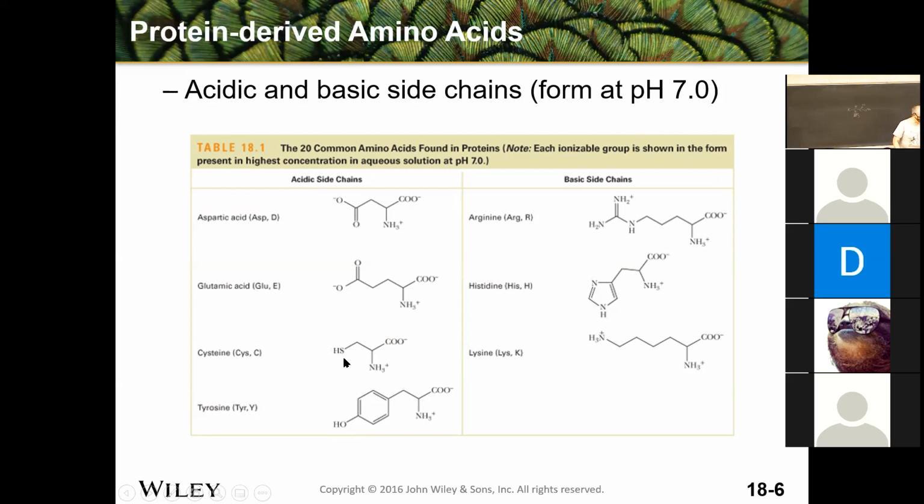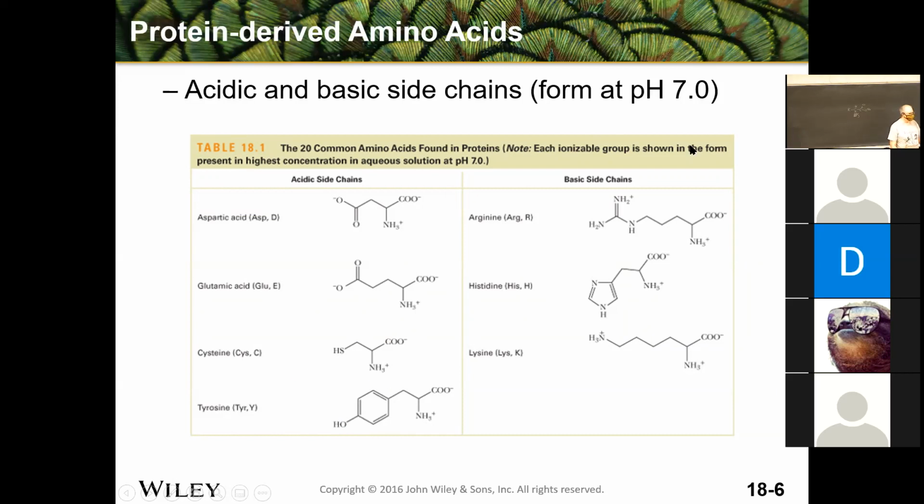Remember that the thiol group is more acidic than the alcohol group, not as acidic as a carboxylic acid. So it is acidic, but notice at pH 7 it's not ionized. And then tyrosine has a phenol group.